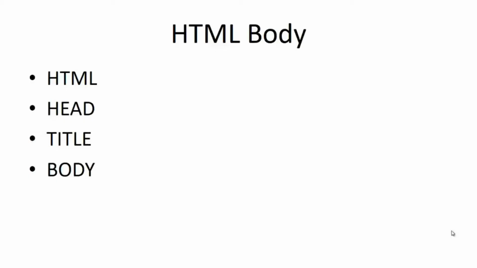Now, before I move on to video number 2, we are going to talk about the basic structure of an HTML body. Whenever you create a new HTML page, basically what it looks like is, at the top, you're going to have an HTML tag, and think about it as wrapping around everything. So you have the HTML, and then you have the head, which is right underneath the HTML.